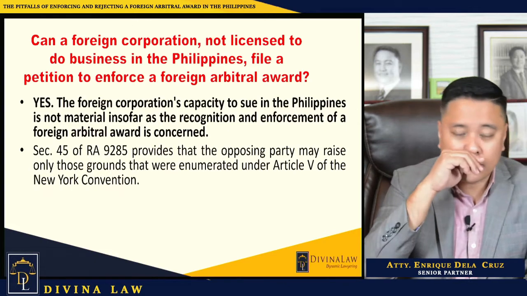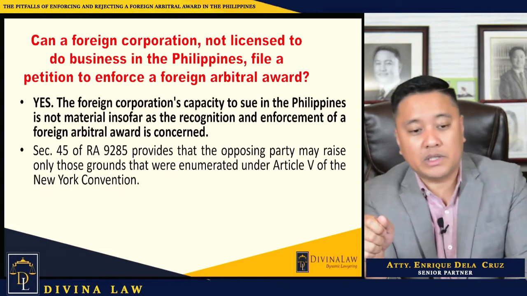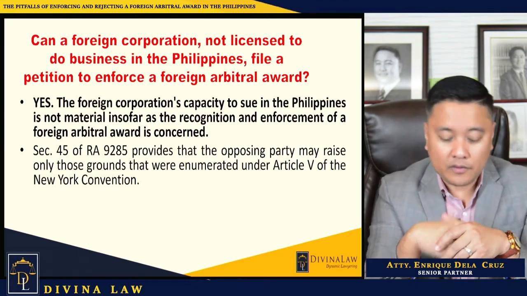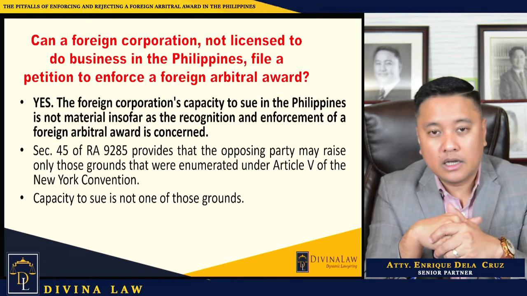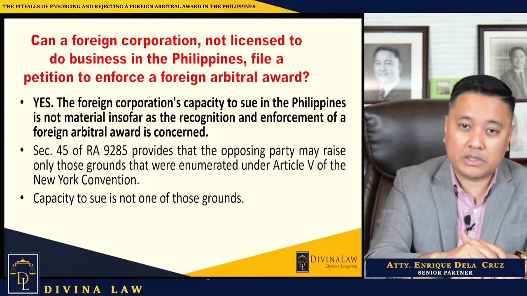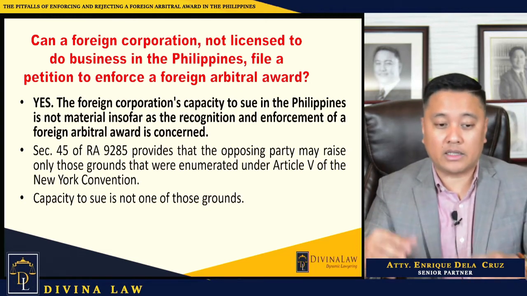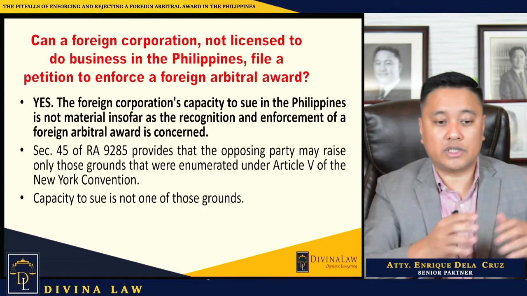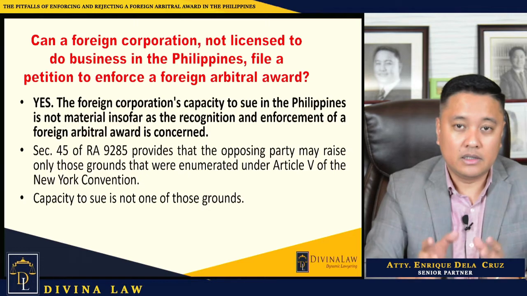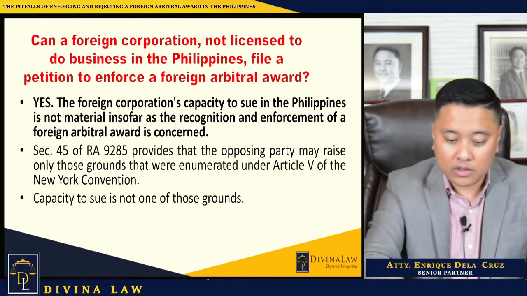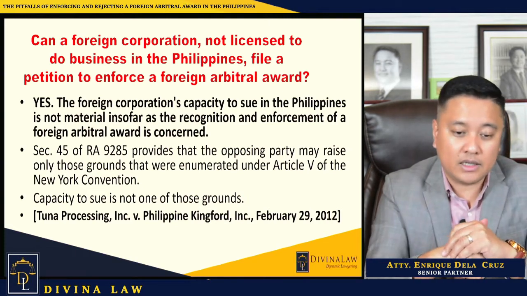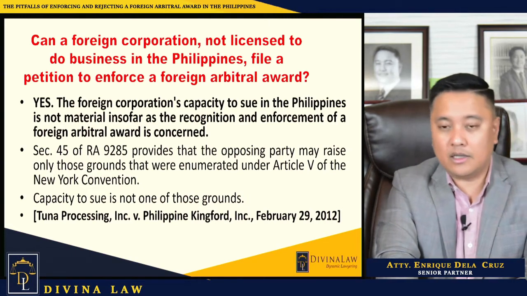The foreign corporation's capacity to sue in the Philippines is not material insofar as the recognition and enforcement of a foreign arbitral award is concerned. Because under the rules and under the law, you can only reject a foreign arbitral award based on the grounds recognized by Article 5 of the New York Convention or Section 45 of Republic Act 9285 or the ADR Law. And lack of capacity to sue is not one of those grounds. So this was the ruling of the Supreme Court in the case of Tuna Processing Inc. versus Philippine King Ford Inc., a 2012 case.